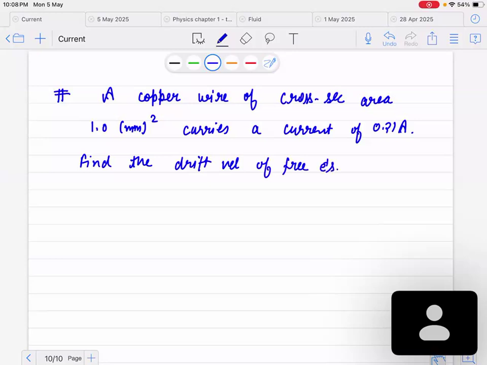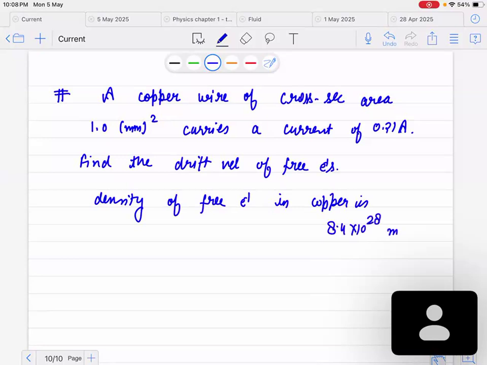If the density of the free electrons in the copper is 8.4 × 10^28 per cubic meter.